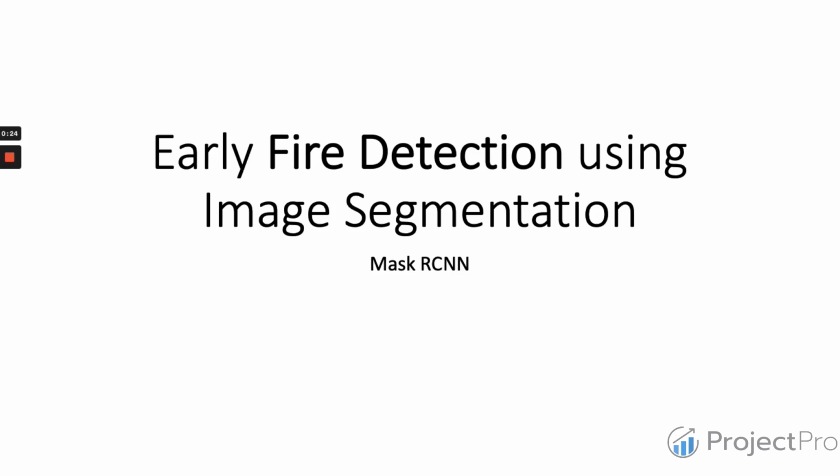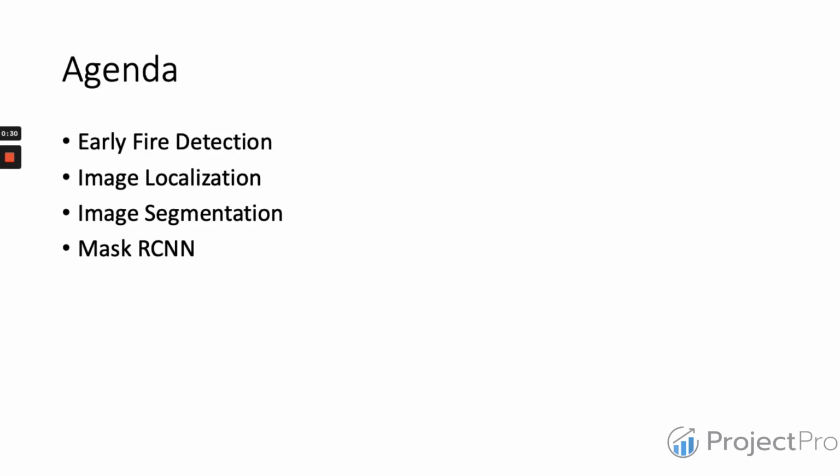So basically the agenda for this particular lecture is to get you familiarized with what early fire detection is, how it is useful, and what benefit we can get from it. The second part will be image localization, which is to get the actual area of the image, to identify where the fire is located.